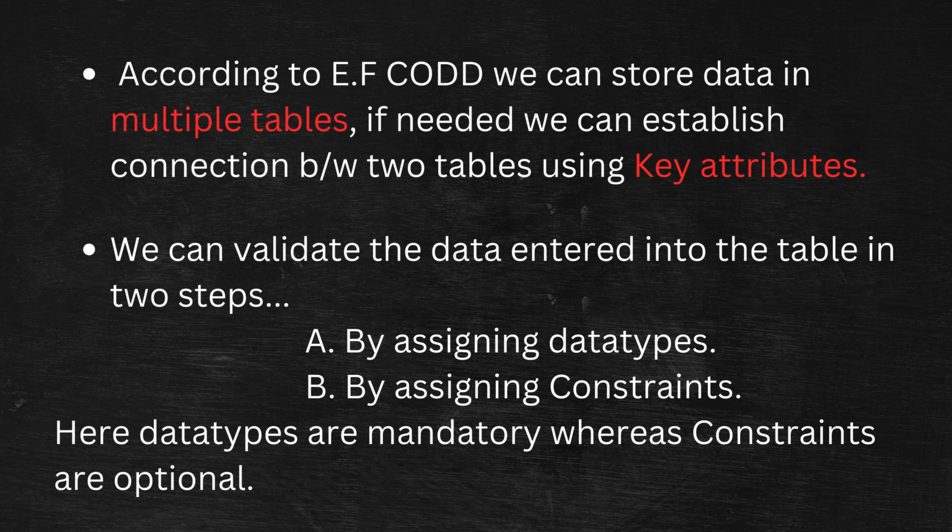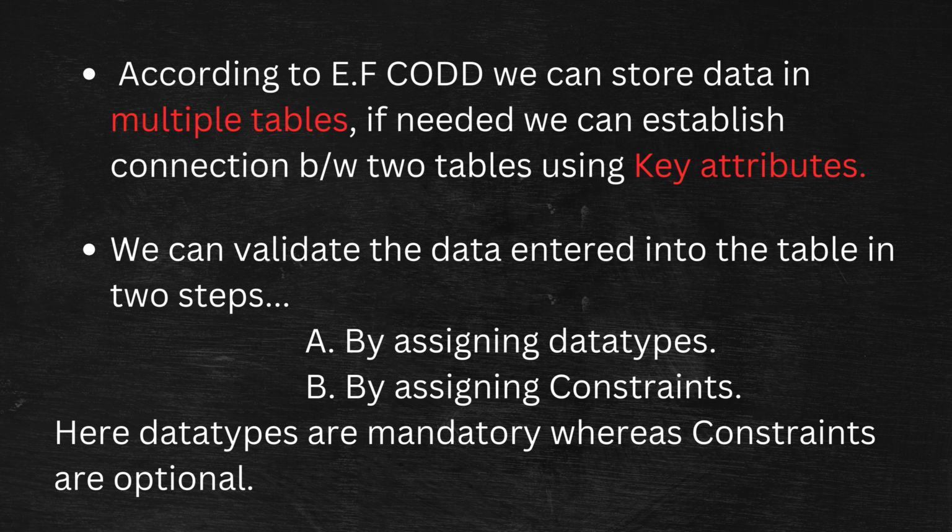If needed, we can establish a connection between two tables using key attributes. What are key attributes? It is like a primary key. By using a primary key, we can establish a connection between multiple tables.